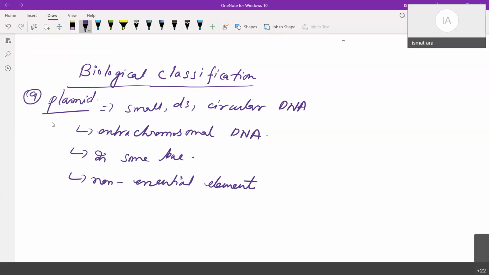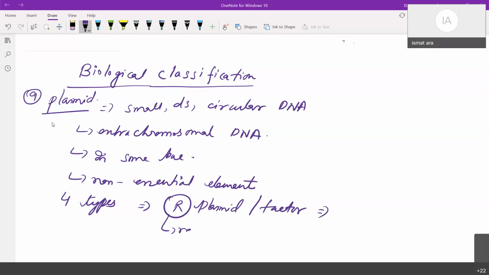Now 4 types of plasmids are there. Number 1 is R plasmid or R factor. R means resistance.